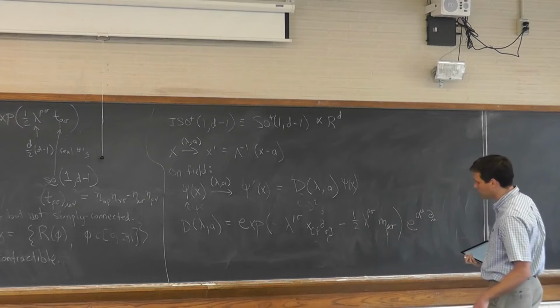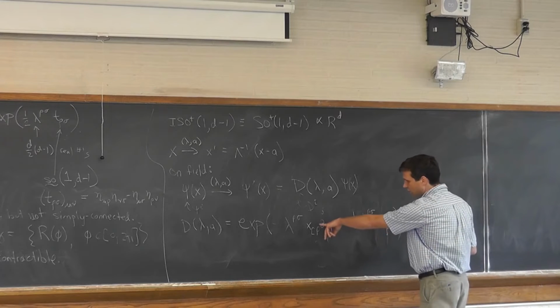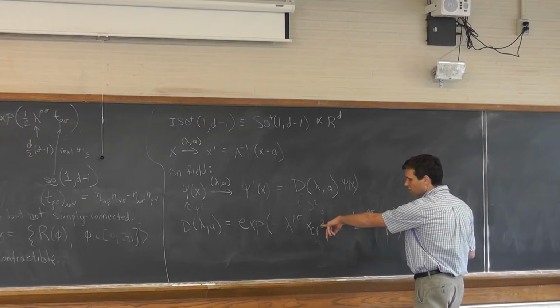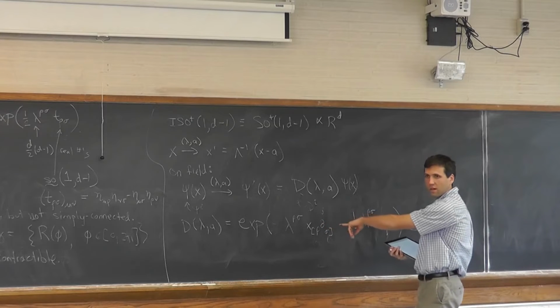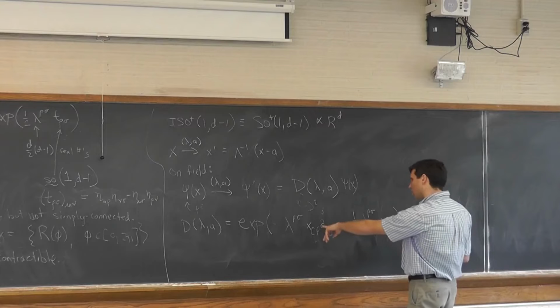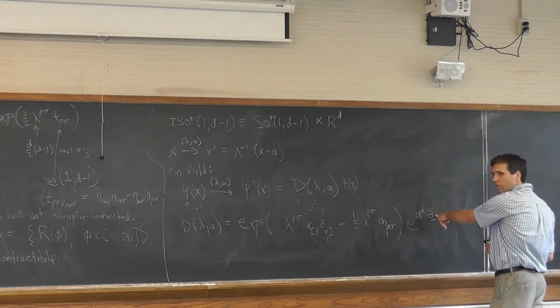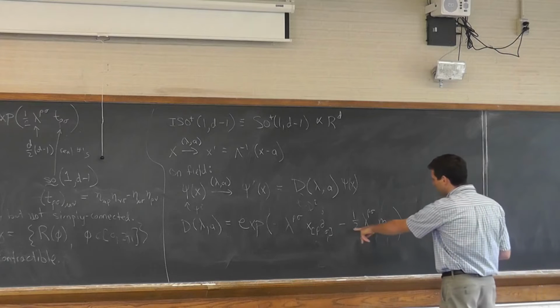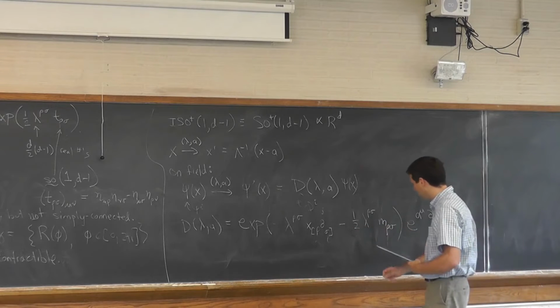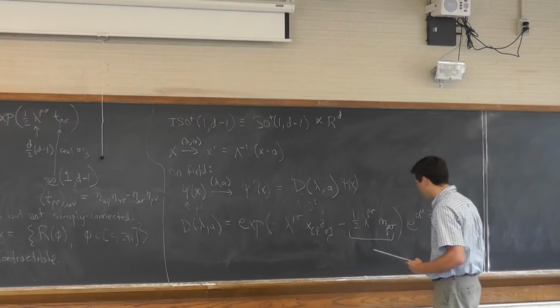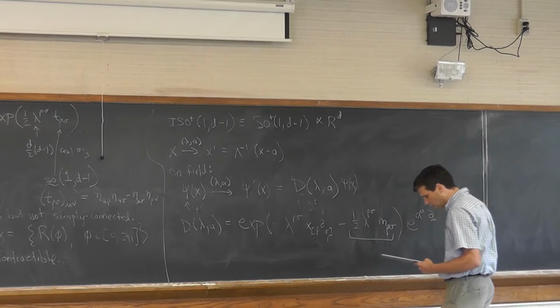So where's everything here? This is a differential operator that obeys the SO algebra. This is acting on the coordinate. This is giving you the translation. And this thing here is the part that we're going to be most interested in.